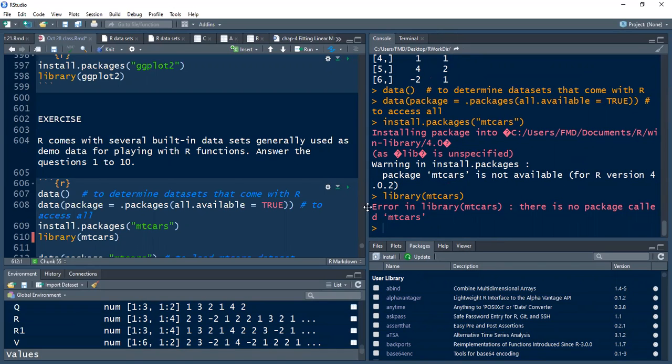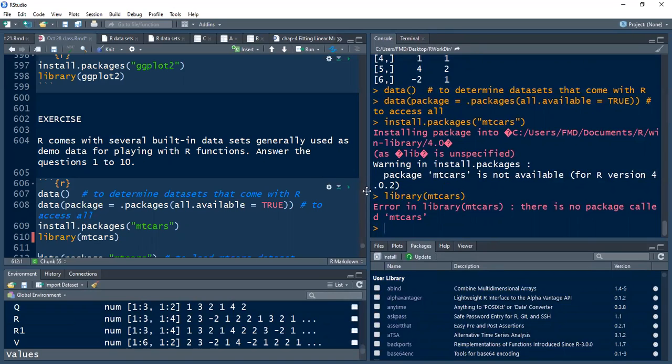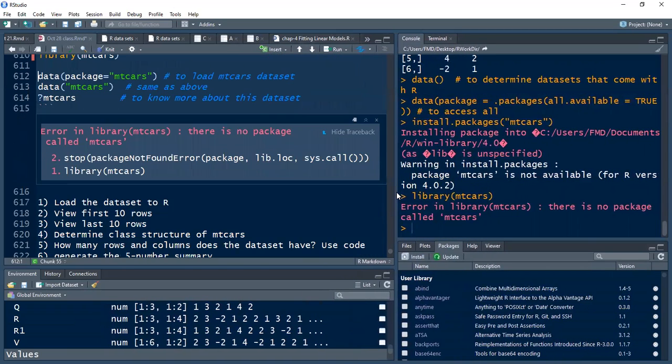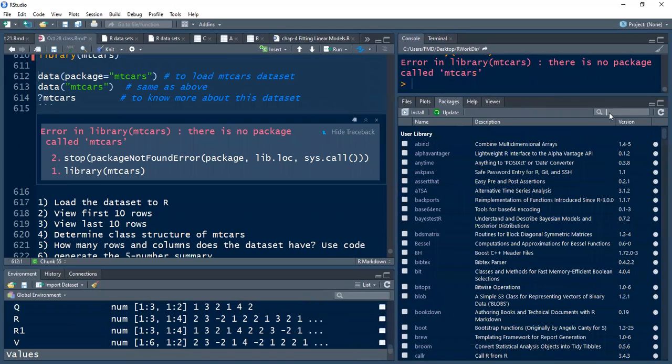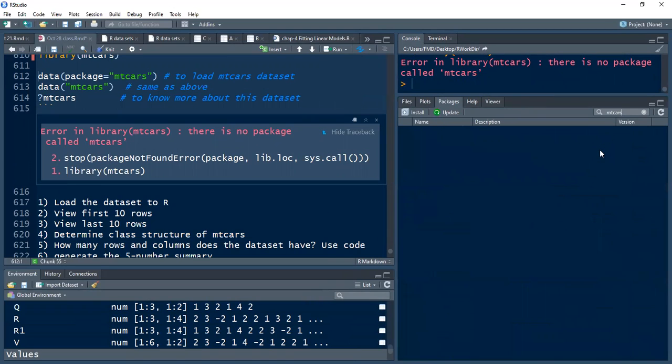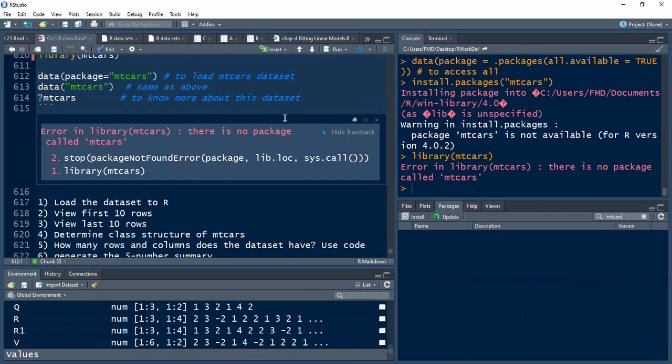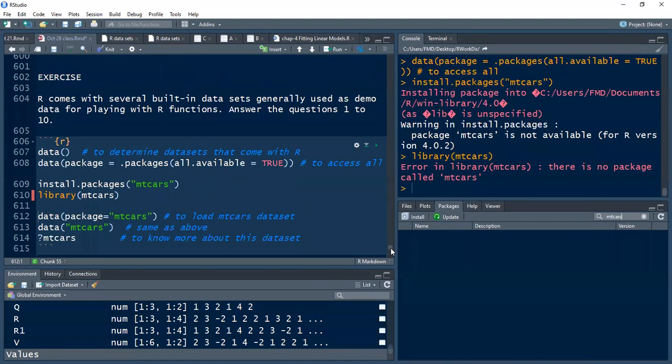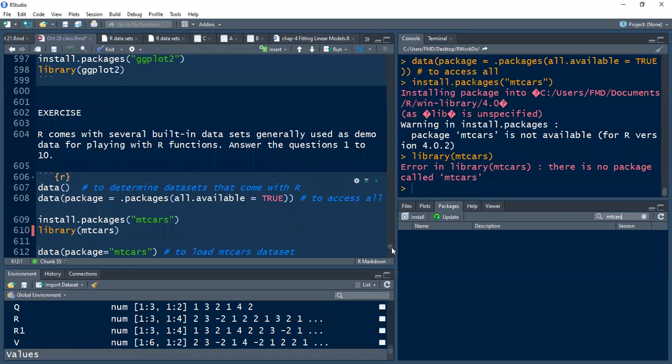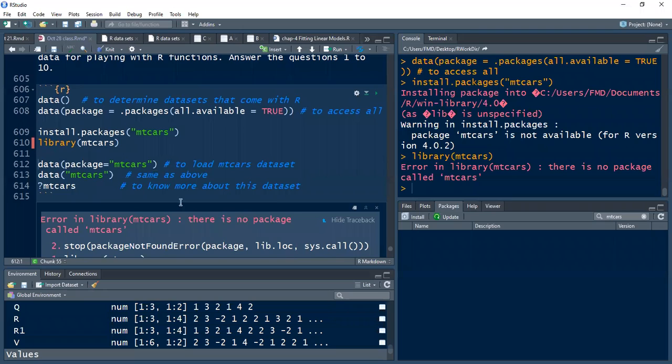mtcars is not available for this R version. This must be from a lower version. Okay, wait. I'm checking if it's in my packages, but I don't think it's available at this. It means that there's no update yet as far as this package is concerned.